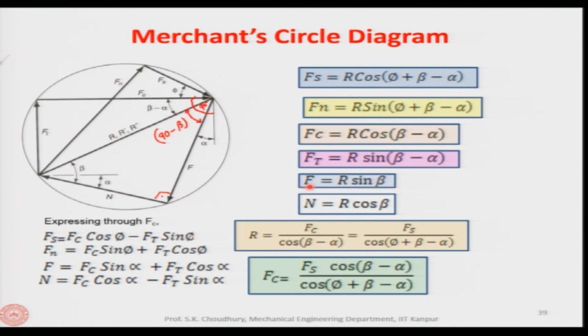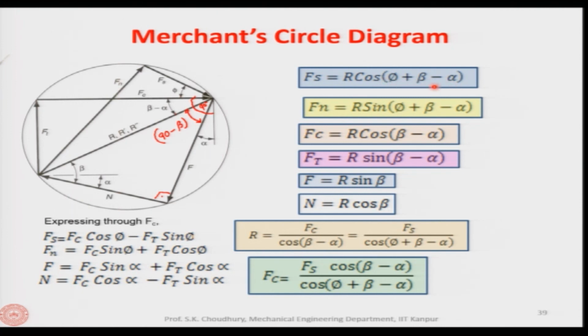So the friction force is R sine beta. Therefore, the N, which is perpendicular to the friction force F, will be equal to R cos beta. So, we have found all 6 components from the Merchant circle diagram through the angles.